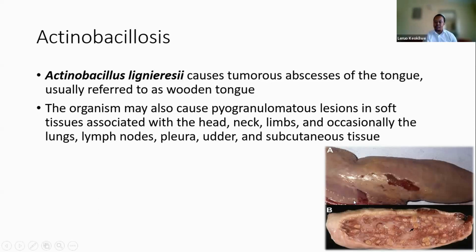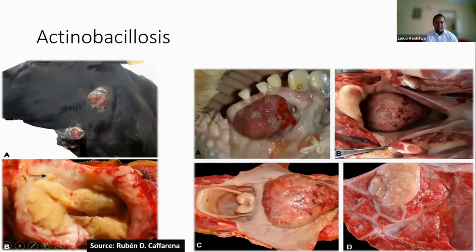So here we have a picture of the tongue. But as I mentioned, we can see lesions in other parts of the body, on the neck, the oral cavity, but in this case, I'll focus on the lesion there in the lung.